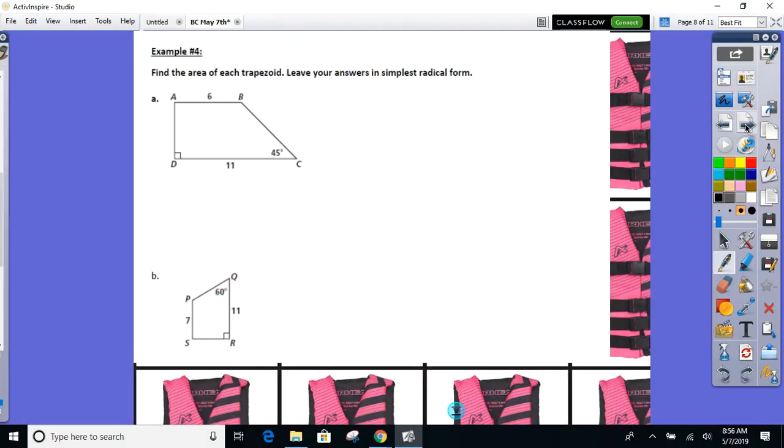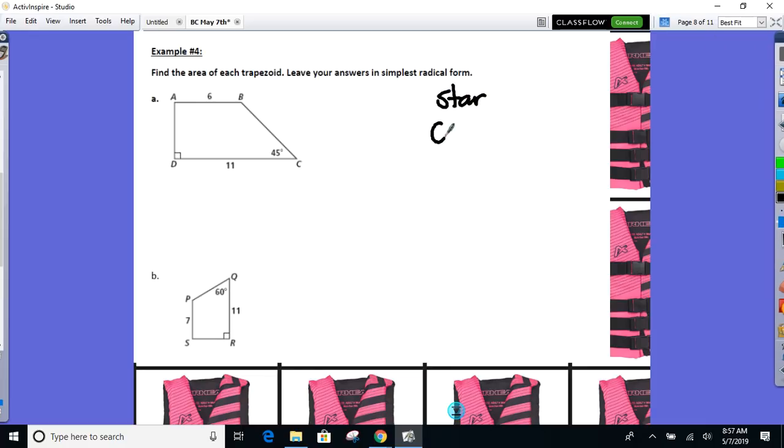Yeah. We're so bad at that. It's gonna be star. It doesn't matter.